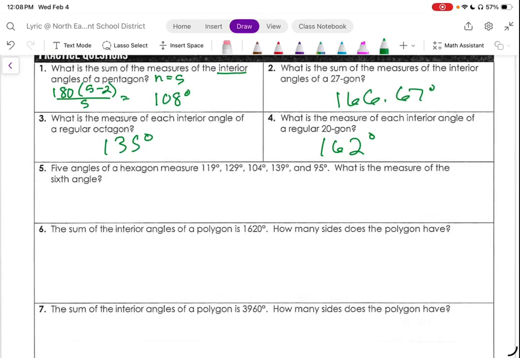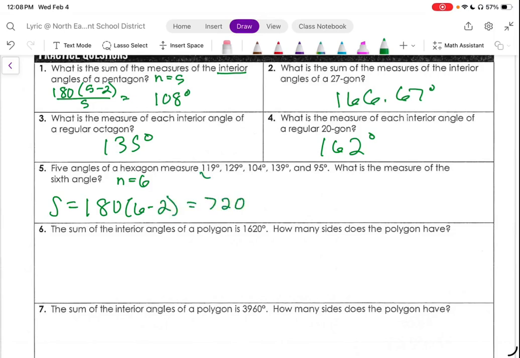Number 5 tells us we're using a hexagon, which means we have 6 sides. It's giving us 5 angles, and it's asking for the 6th angle. So we can use our formula: the sum equals 180 times 6 minus 2, which gets us 720.